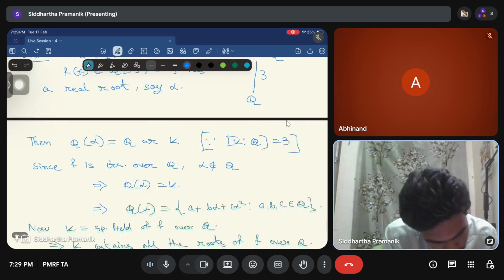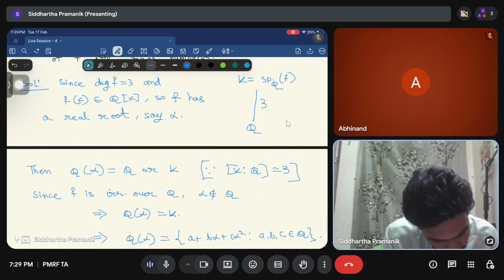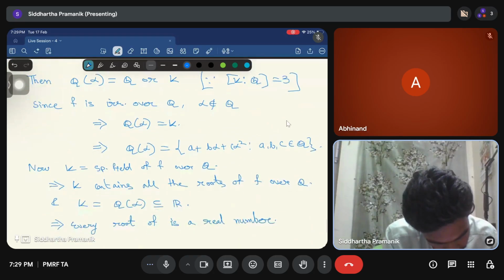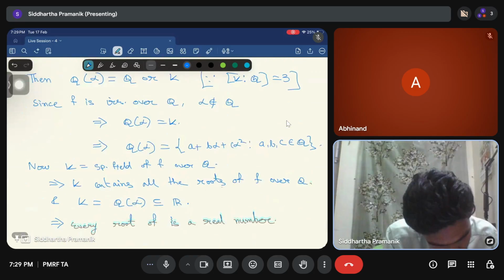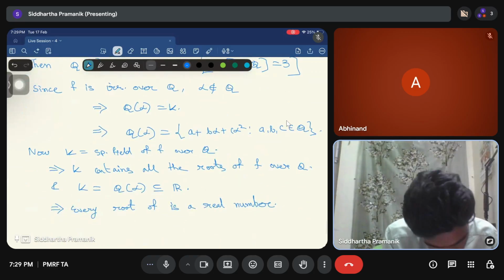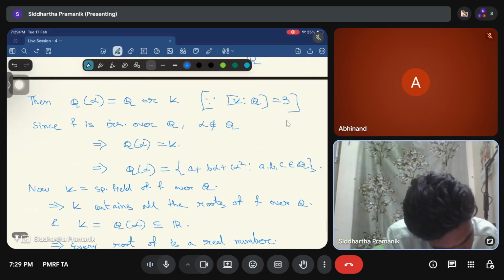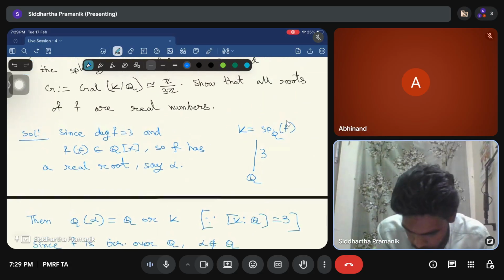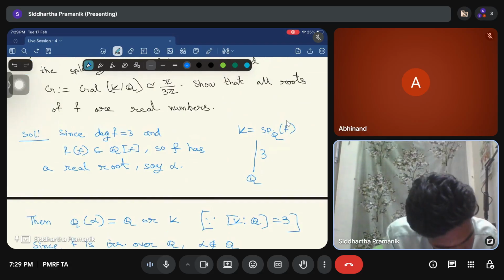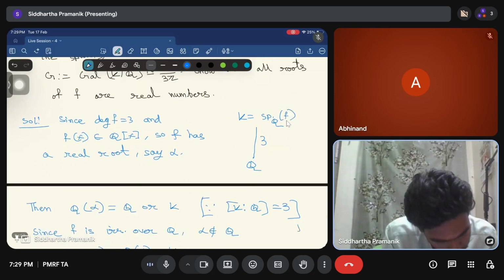Okay, this was fairly easy. But what will happen if we assume that f is not irreducible? We are not using the fact that its Galois group is of order 3, right? No, we are using it, because the degree is 3.